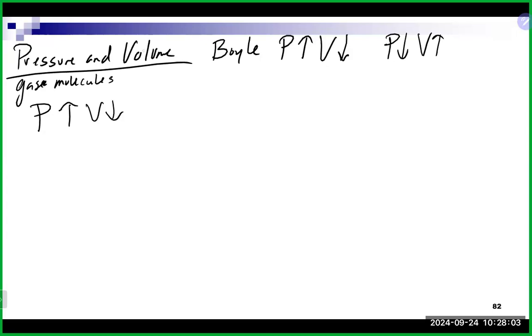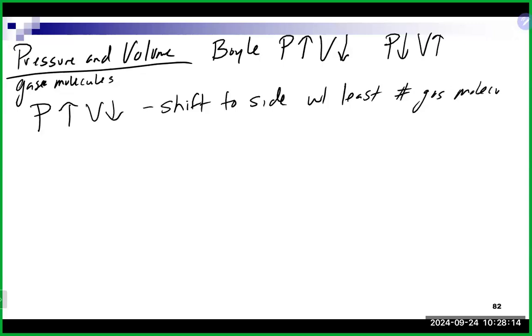So what's going to happen in this case is it will shift to the side with the least number of gas molecules. And that obviously is dependent on the equation you're looking at as to which side is the least. You would look at anybody that has a G next to it, that's a gas, and look at the coefficients and add them up on both sides of the arrow, and that will tell you.